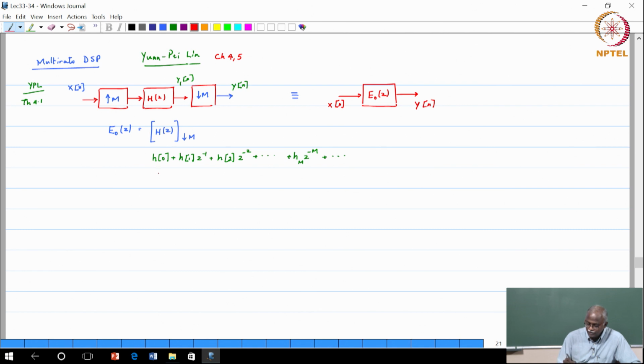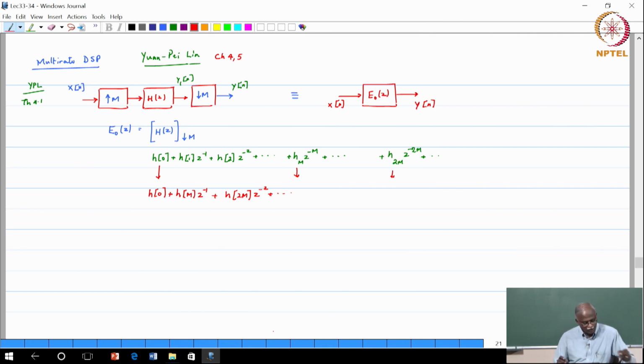What we are doing with downsampling is keeping h naught, keeping h m, keeping h 2m z power minus 2m and so on. We are retaining these coefficients and writing them as a polynomial in z. So, E naught of z is h naught plus h m z minus 1, h 2m z minus 2 and so on. That is E naught of z.